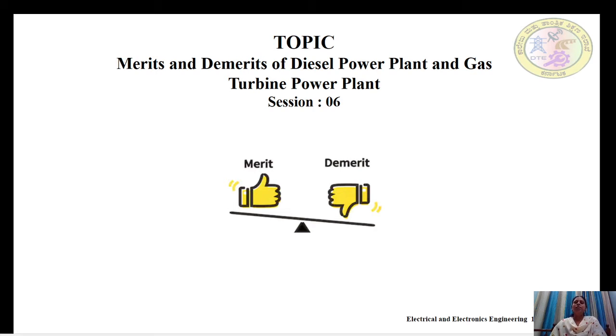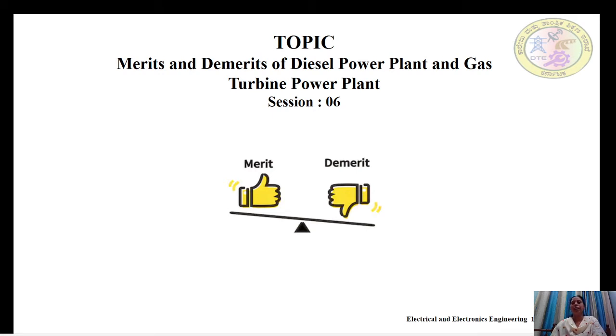This is session 6, the last session in unit 2. In sessions 4 and 5, we studied the diesel power plant and gas turbine power plant. In today's class, we are going to study the merits and demerits of both.